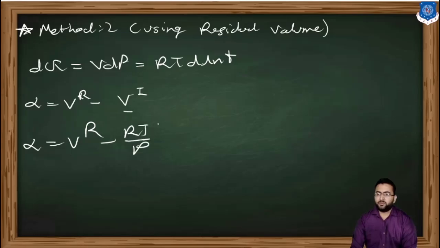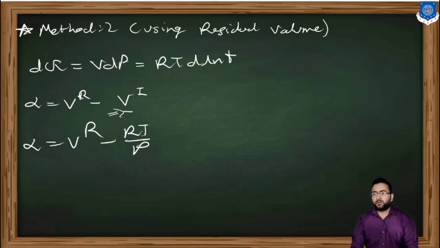We cannot use the equation of state for an ideal gas for the real gas, so we are only replacing the ideal volume. We cannot replace the real volume using the ideal gas equation of state. To replace the real volume, we would have to use a real equation of state such as the Redlich-Kwong, Peng-Robinson, or van der Waals equation of state.